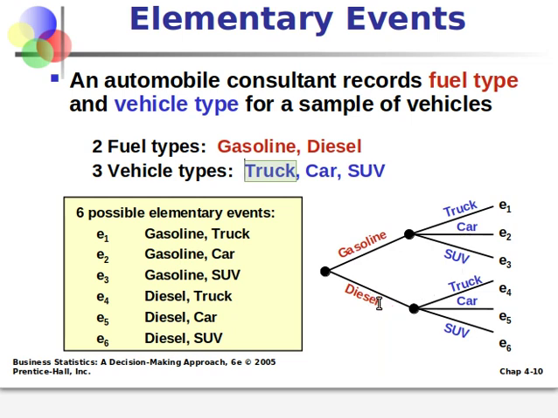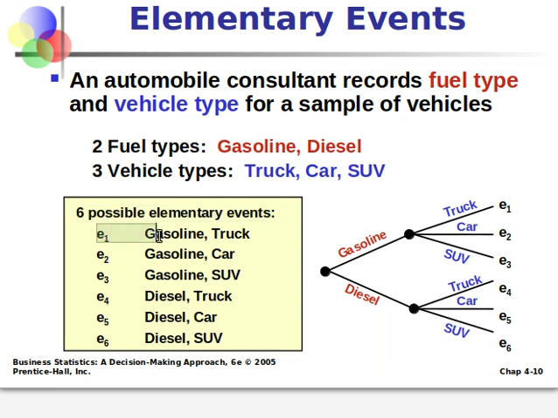And the same with diesel, there are vehicles that use diesel fuel: a truck, a car, and also an SUV. So here we have 6 possible elementary events.